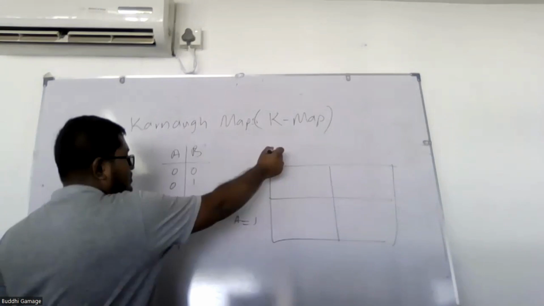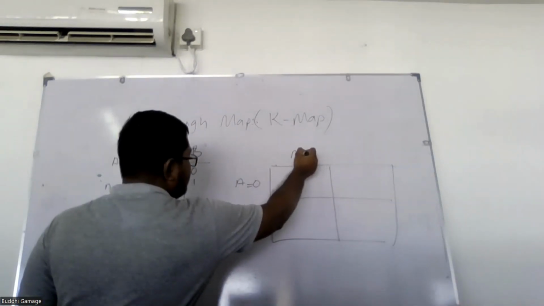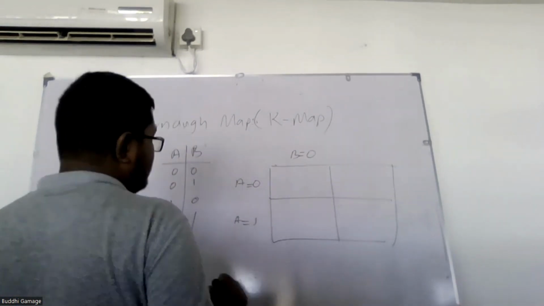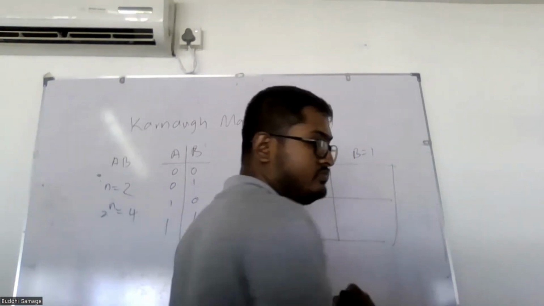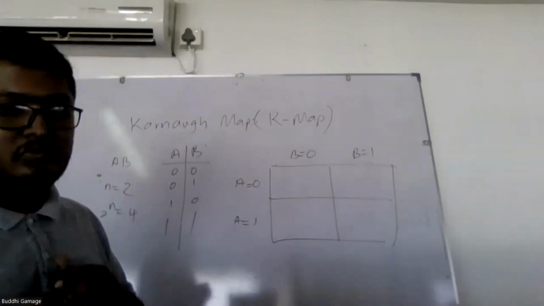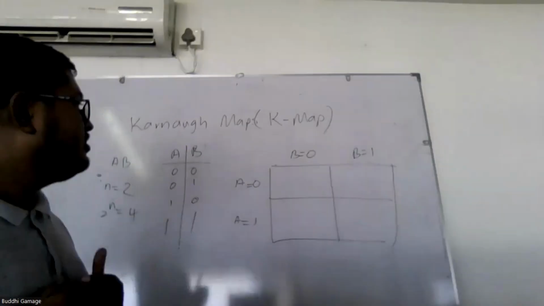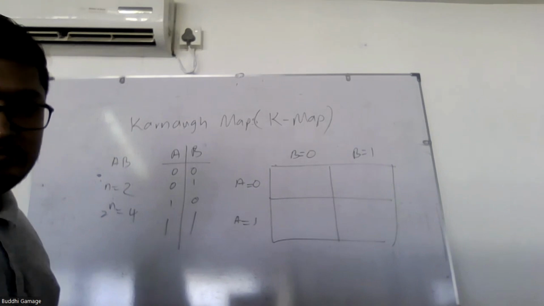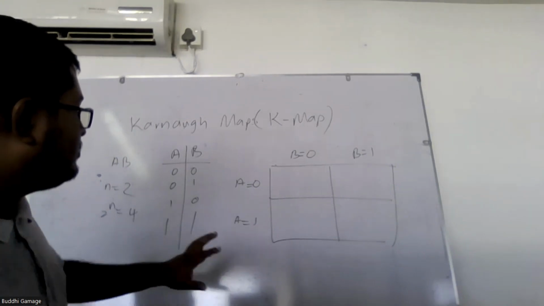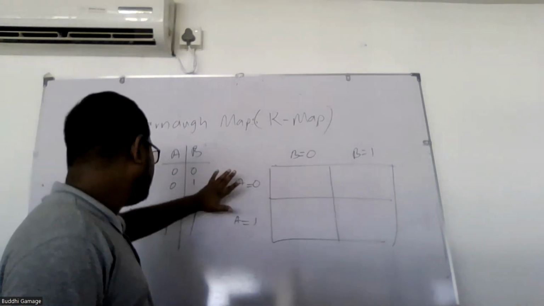And here B is equal to 0, and here B is equal to 1. This is how you can draw a Karnaugh map using 2 variables.